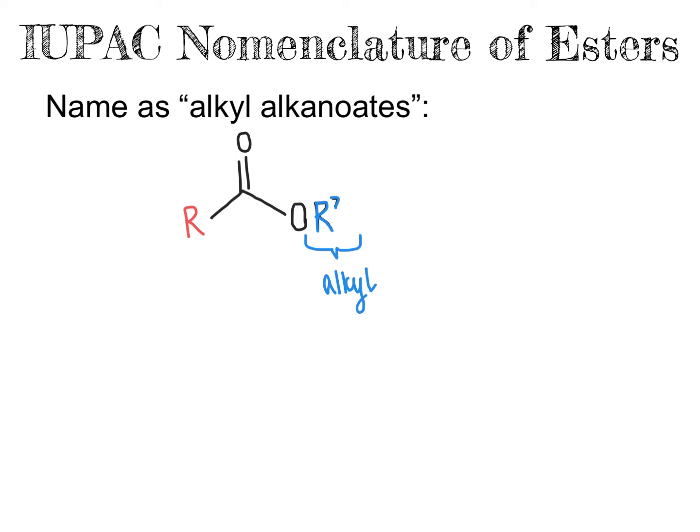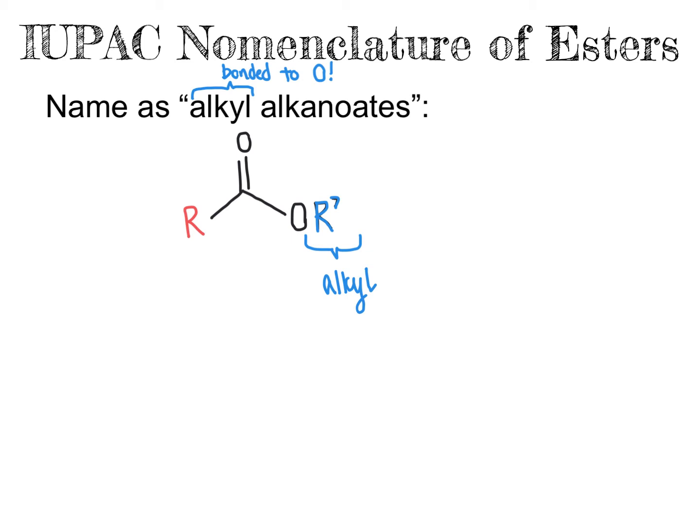And the alkanoate part we would, of course, fill in with whatever the structure is of the rest of the molecule here. So alkyl refers to the structure of whatever group is bonded to the oxygen. So the alkyl part of the name again is whatever's bonded directly to the oxygen. That's going to be an alkyl group of some sort.